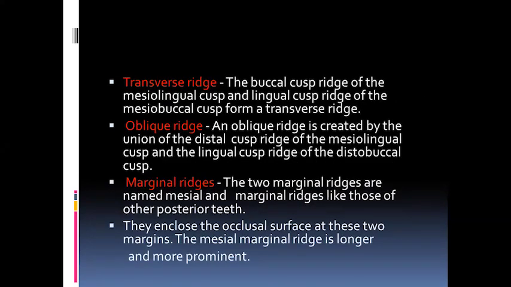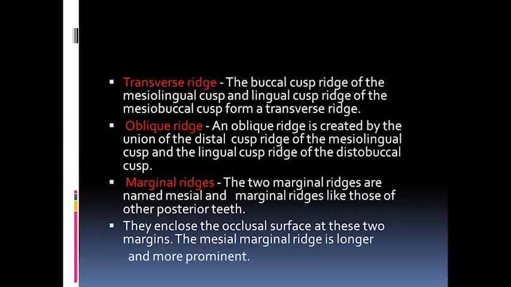Transverse ridge. The buccal cusp ridge of the mesiolingual cusp and lingual cusp ridge of the mesiobuccal cusp form a transverse ridge. Oblique ridge. An oblique ridge is created by the union of the distal cusp ridge of the mesiolingual cusp and the lingual cusp ridge of the distobuccal cusp.